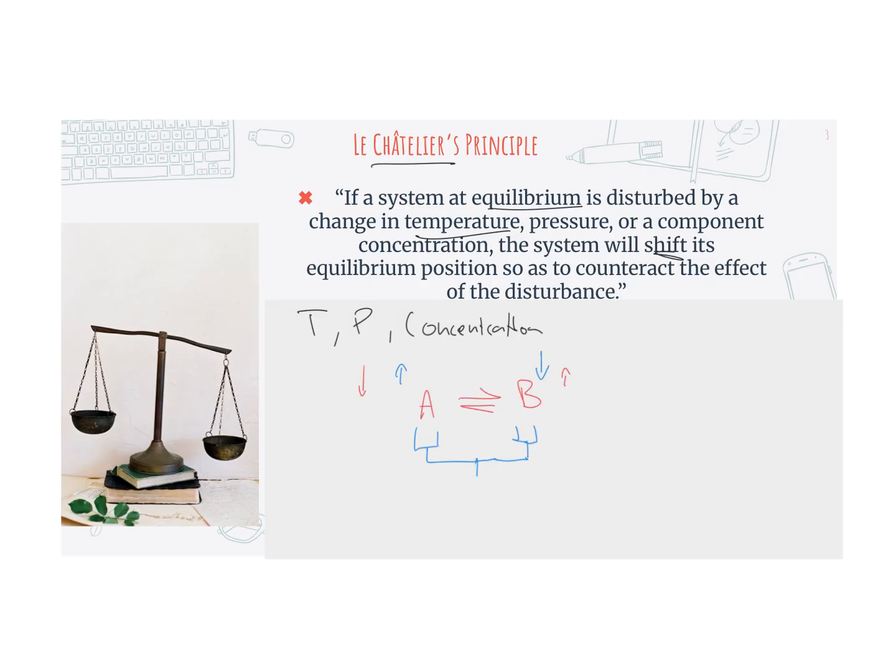And so the reaction will change to reestablish equilibrium. So in the next few slides, I'm going to go through each of these scenarios, temperature, pressure, and concentration, and I'll show you how changing those will affect the equilibrium of a reaction.